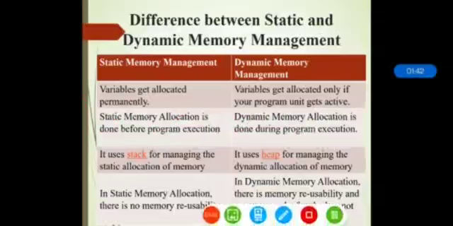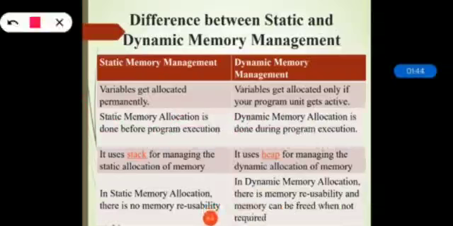So what is the difference between static and dynamic memory management? As I said, static memory allocation or memory management is nothing but allocation of memory before program execution, that is, at compile time, and dynamic memory allocation is allocated as required at runtime.